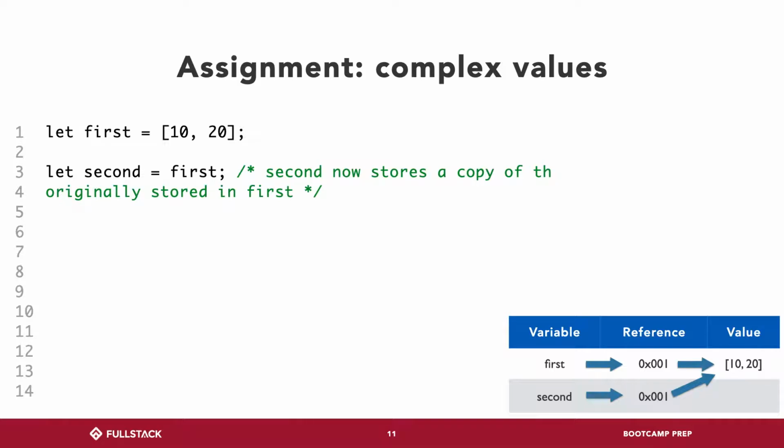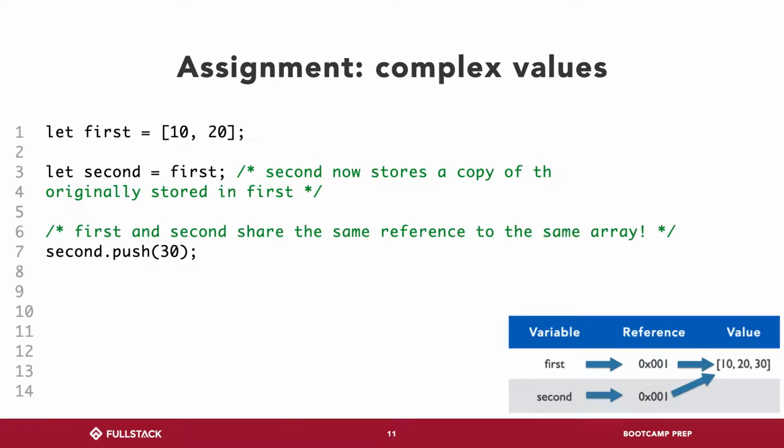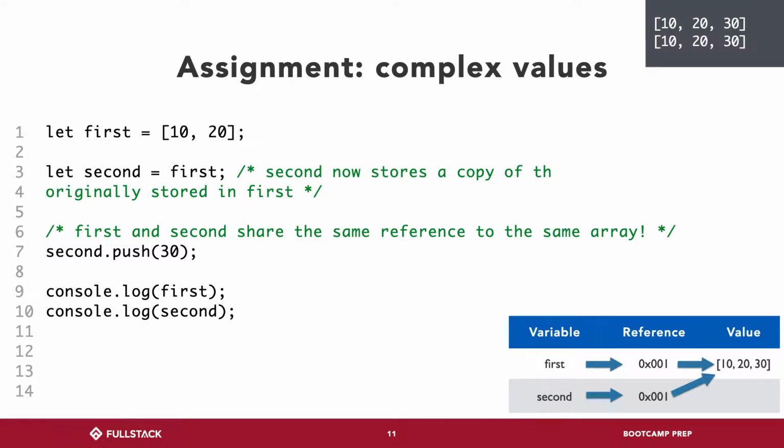So when you say second equals first, second says, hey first, what are you? Let me copy you. It just gets a reference. Since the reference is the same, there's still only one array. First and second share the same reference to the same array. So when second.push(30) runs, first is also getting updated.